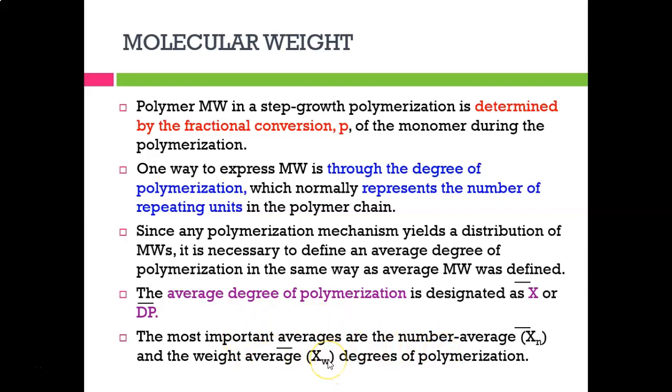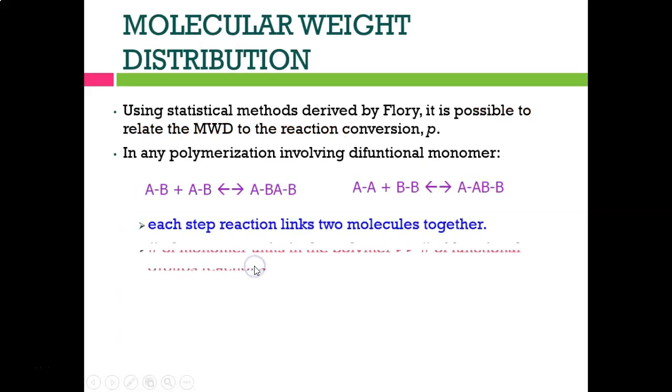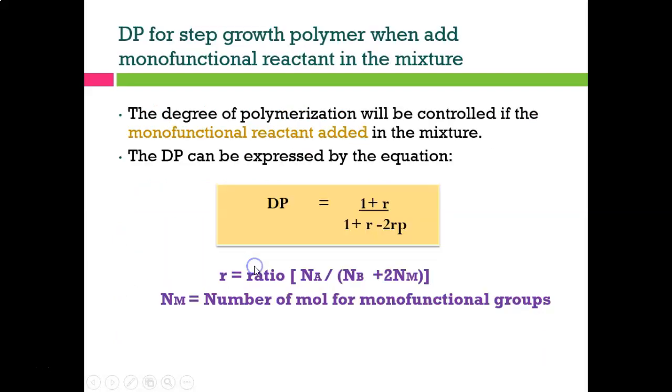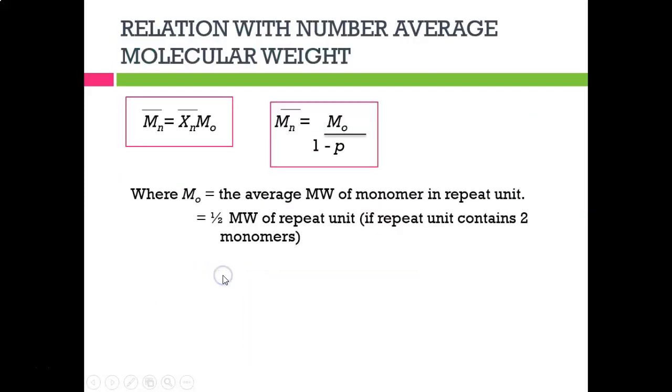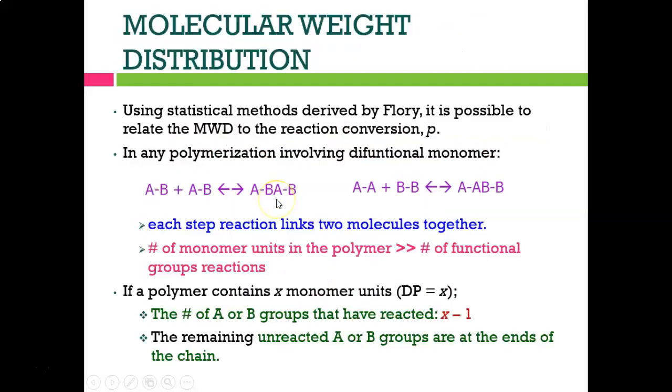Kalau Xw weight average degree of polymerization. Kalau Mn, M besar N, sekejap ya. Okay, kalau Mn, it is the number average molecular weight. M naught is the average molecular weight of monomer in repeat units. Alright. So, kita tengok balik.